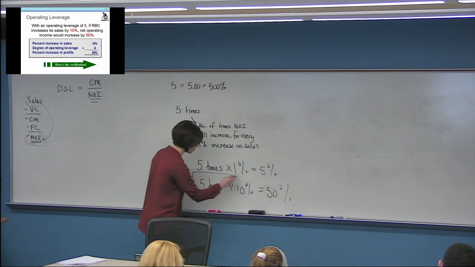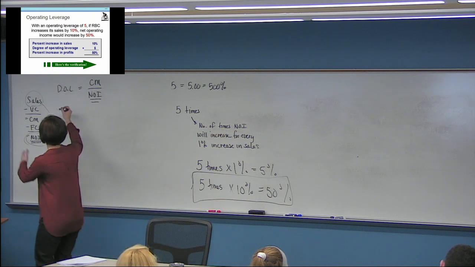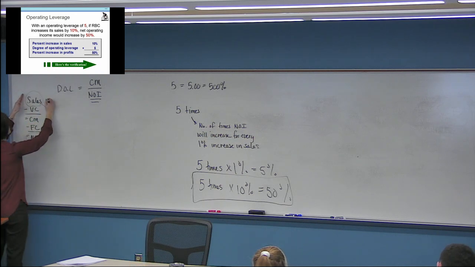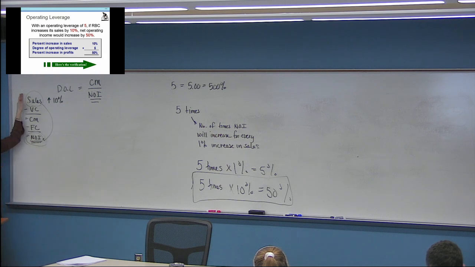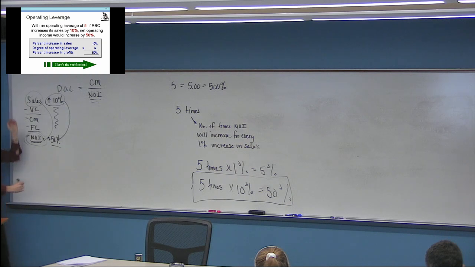So this is what RBC is saying is going to happen. Here's what this means in terms of our financial statement. Look up here. It says sales are going to go up by 10%. So an increase of 10%, right? What this degree of operating leverage is telling me is that if this number alone goes up by 10%, I can sort of ignore all that for now, this number should go up by 50%. You think, wow, that sounds like a lot. Well, that's exactly what's going to happen.